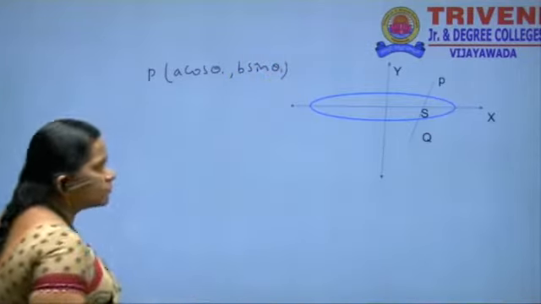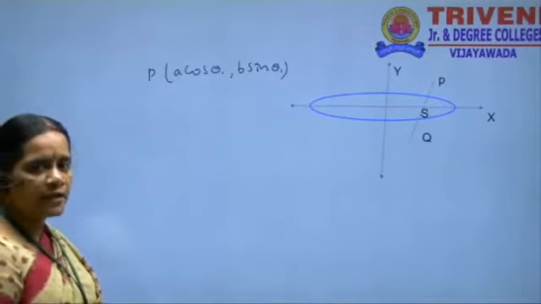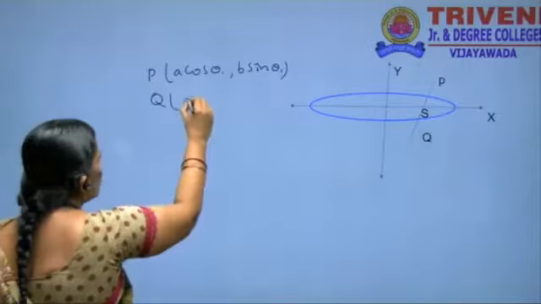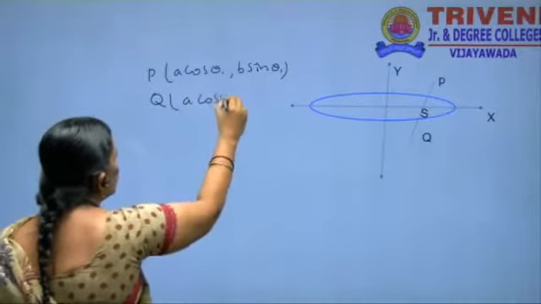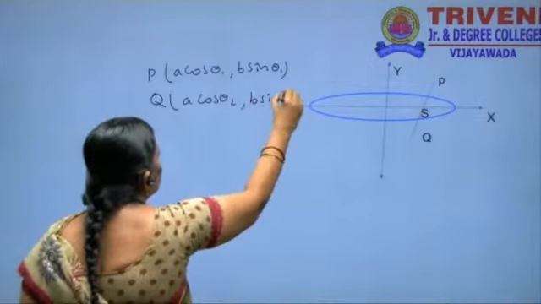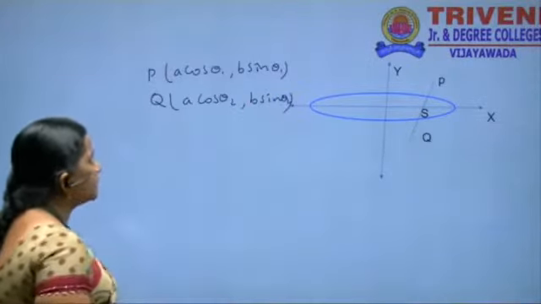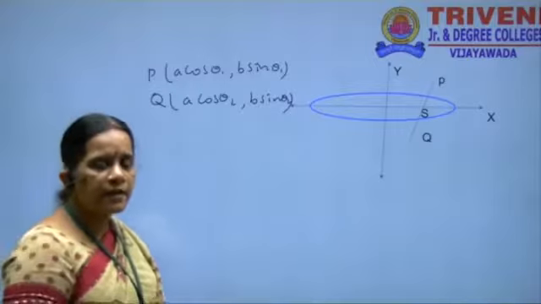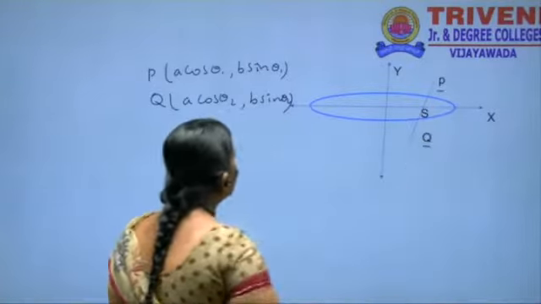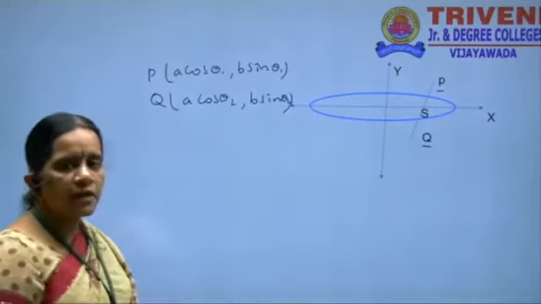And another point Q, it is also an eccentric angle, so Q we have to take as a cos theta 2, comma b sin theta 2. So a cos theta 1, b sin theta 1 is the point P, and a cos theta 2, b sin theta 2 is the point Q.